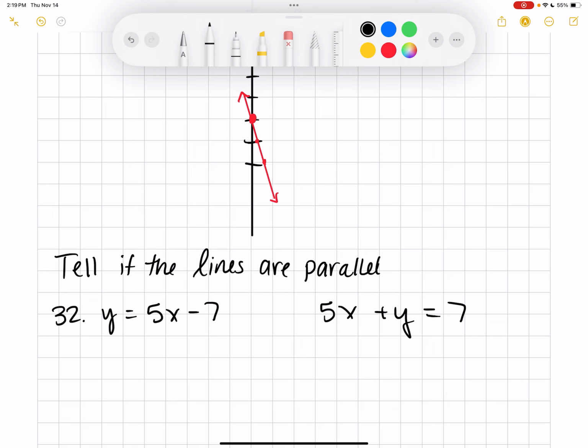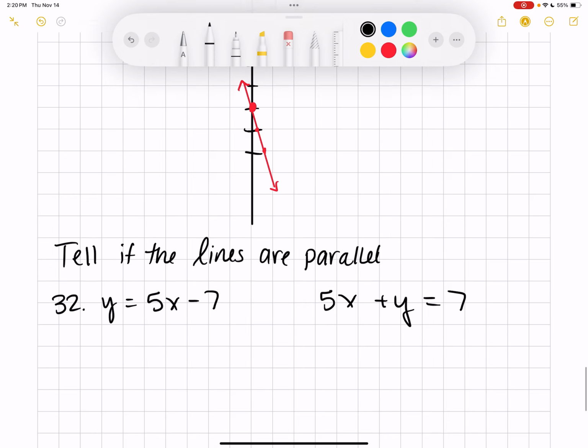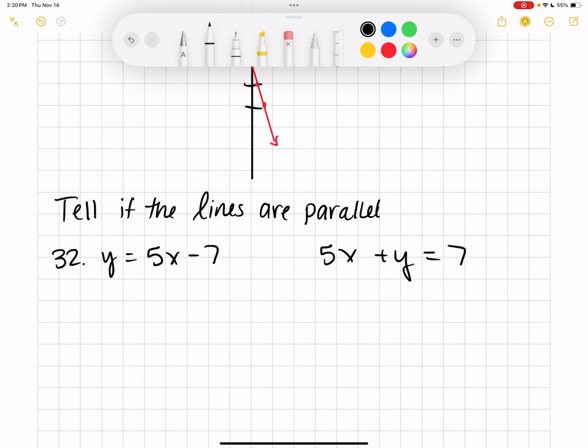Okay? So this first one is already in slope-intercept form. Because I'm trying to tell if the lines are parallel, all I need to do is see if they have the same slope. So all I care about is the slope. So what is the slope of this first one? 5. Yep. So m equals 5. Over here, this is not in slope-intercept form. So what do I need to do? Subtract 5x.